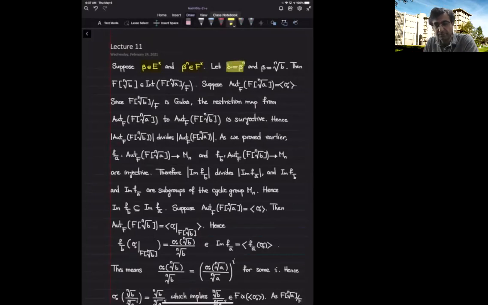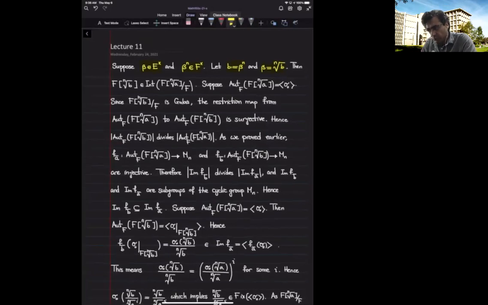That's an element of the field F. For simplicity, let's denote beta to be the nth root of this small b. After all, beta is a zero of x to the n minus b, and I can choose the notation, the nth root of b, to denote this particular beta that we started with.